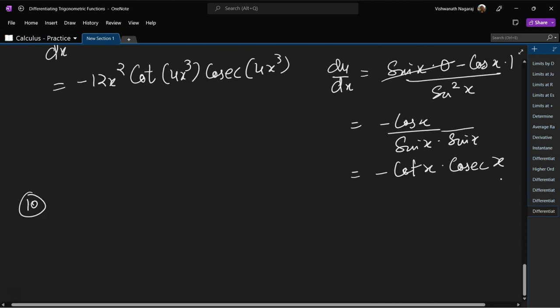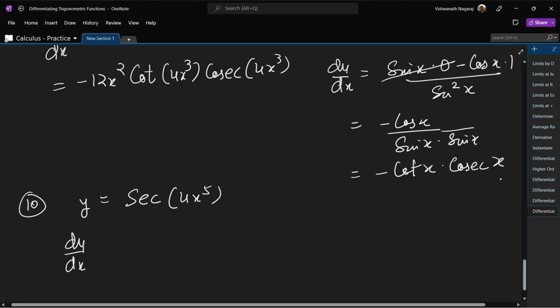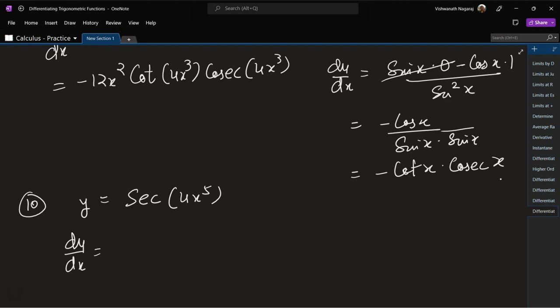Now let's look at the 10th one. Y is equal to sec of 4x to the power of 5. So dy by dx is equal to, now we have already seen what is the derivative of sec x.